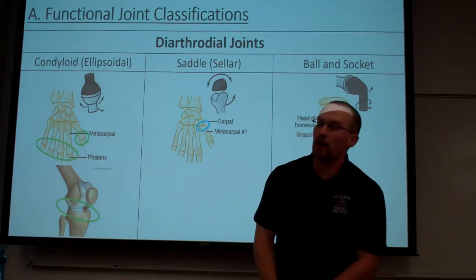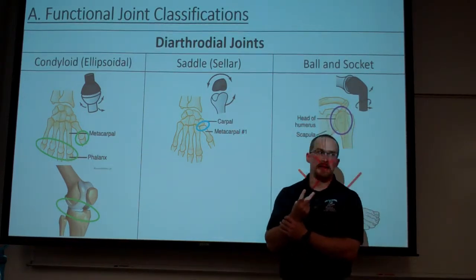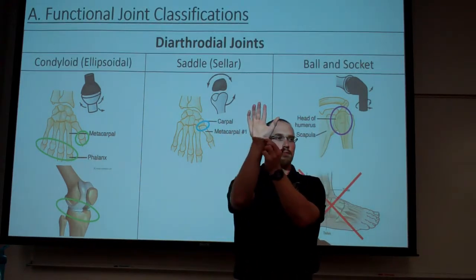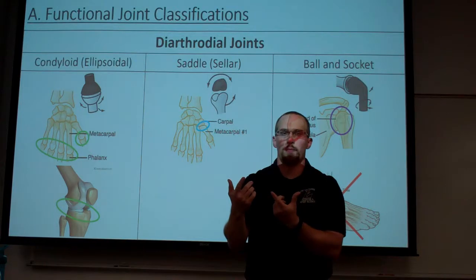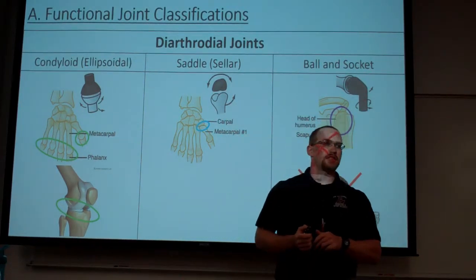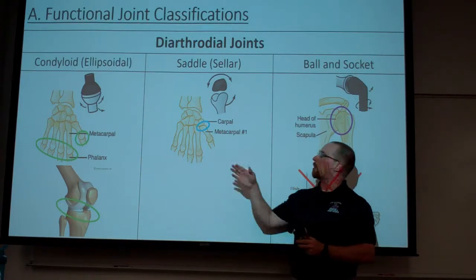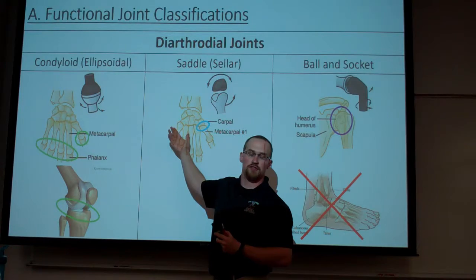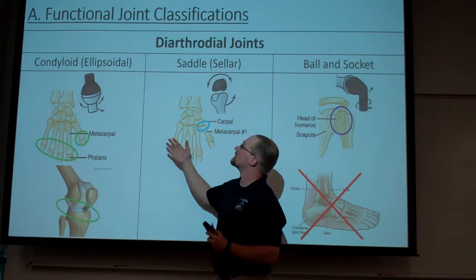As far as I know, there are only two saddle joints in the human body. One is basically your thumb right here. Another one is in your ear. Ear bones, we won't talk about that this semester. But both of them are the same. Both are biaxial, which means they have movements in two different planes. Condyloid and saddle.